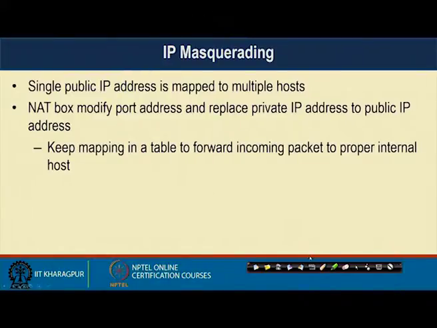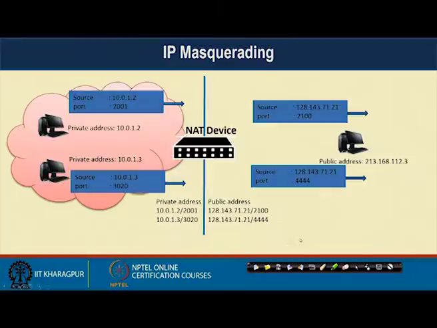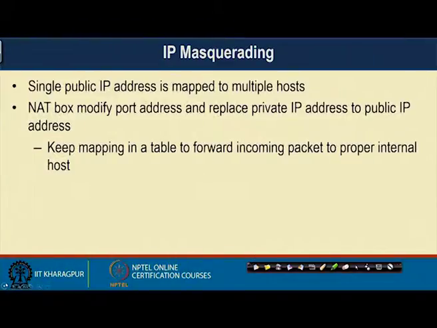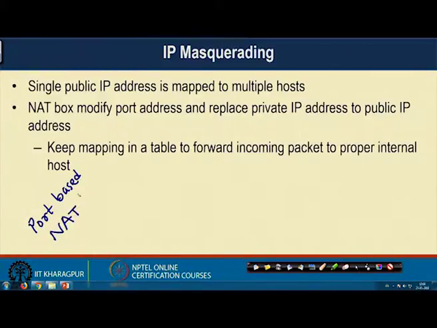So, this concept is interesting in the context of NAT. What you are doing here is basically an extension of NAT which is sometimes called port based NAT or PNAT.